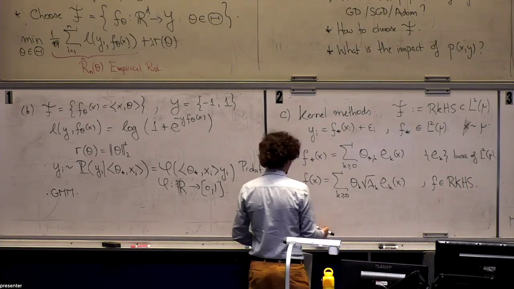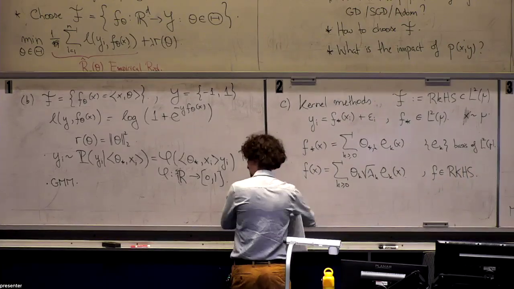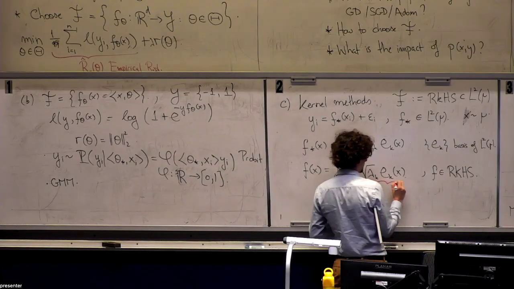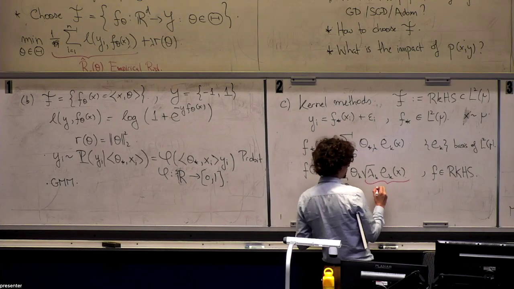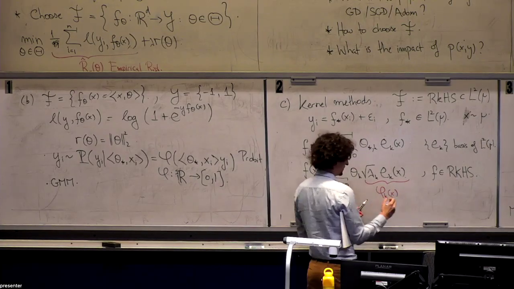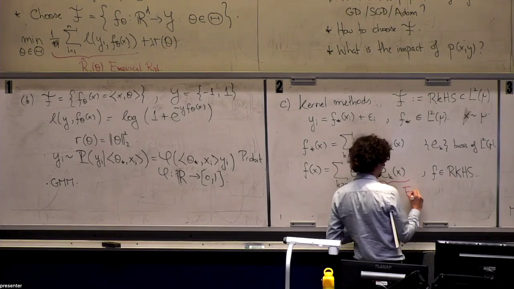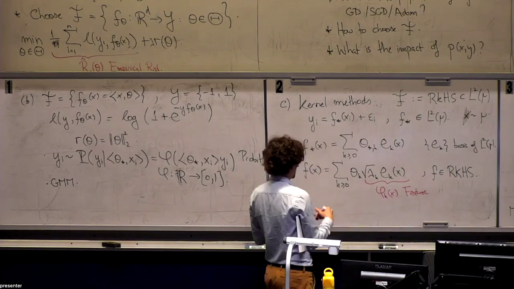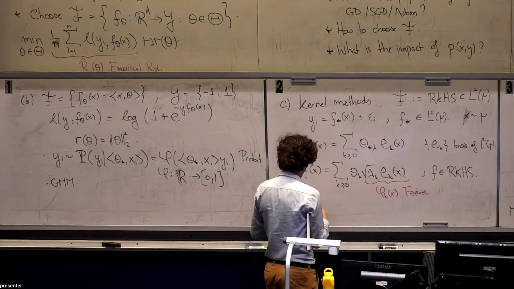Where this combination between the basis of L2 and lambda k, this is what we call the features. That's the features of the kernel, and lambda k are the eigenvalues of the kernel.